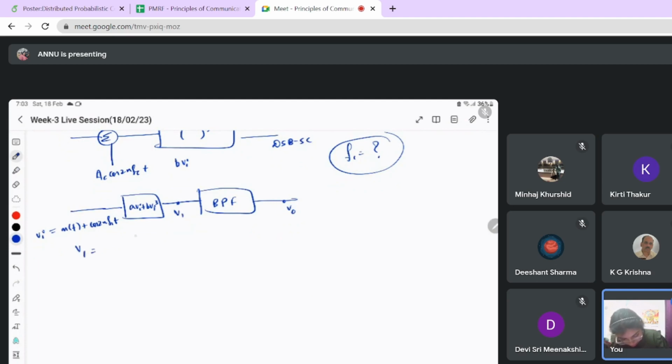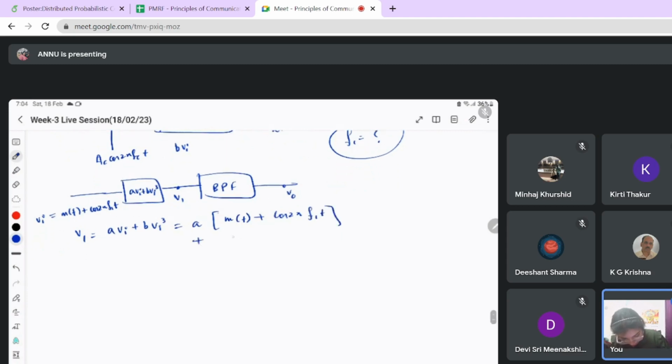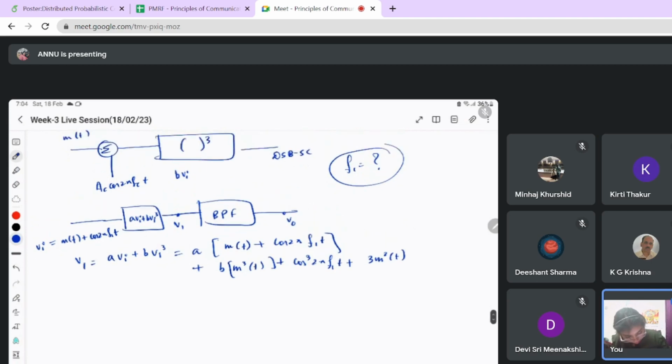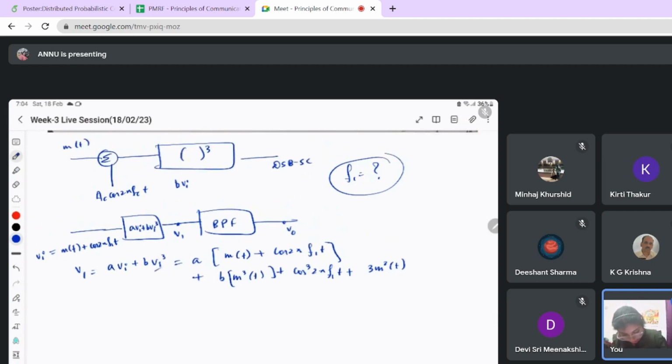So v1 equals a times (m(t) plus cos 2 pi f1t) plus b times (m(t) plus cos 2 pi f1t) cubed. Here I'm expanding this cube term: cos cubed 2 pi f1t plus 3m squared(t).